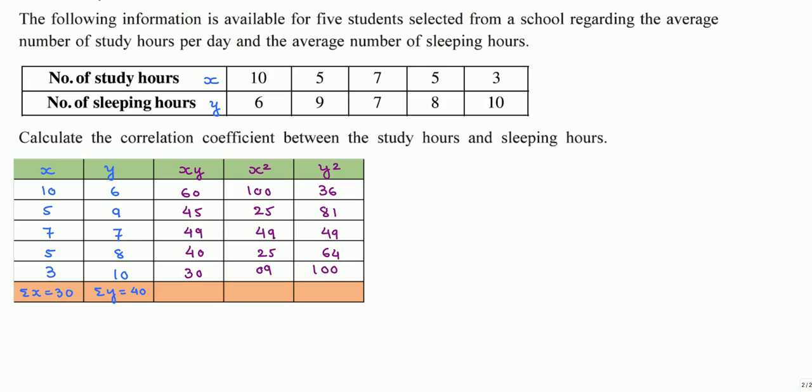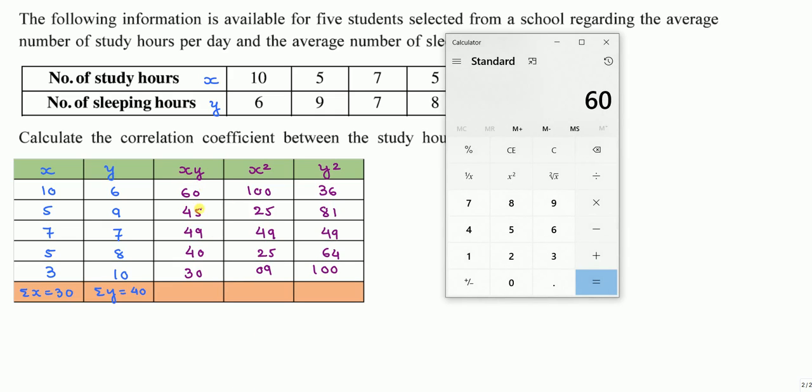Now find out the total of xy, x square and y square. Total of xy: 60 plus 45 plus 49 plus 40 plus 30 gives us 224.